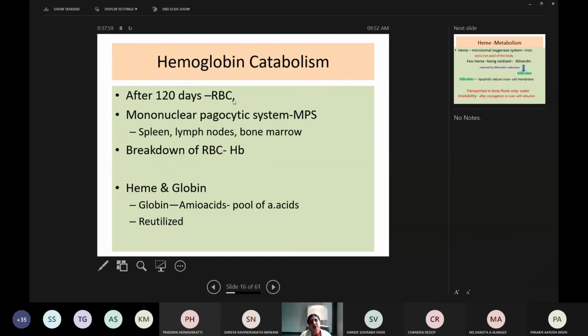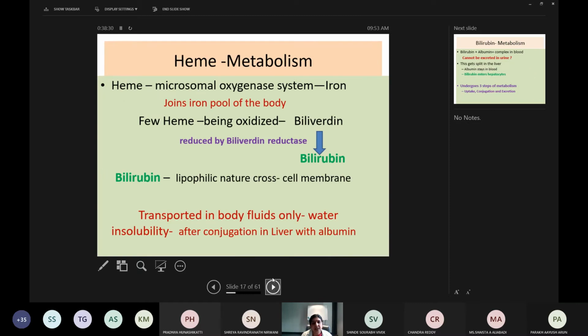In catabolism of hemoglobin, after 120 days RBCs are subjected to the mononuclear phagocytic system, where the spleen, lymph nodes and bone marrow act as the MPS. They break down RBC to Hb. Hb is further divided into heme and globin. Globin is recirculated back to the amino acid pool and reused for synthesis of globin chains or many other proteins. Heme is further broken down with the help of the microsomal oxygenase system.